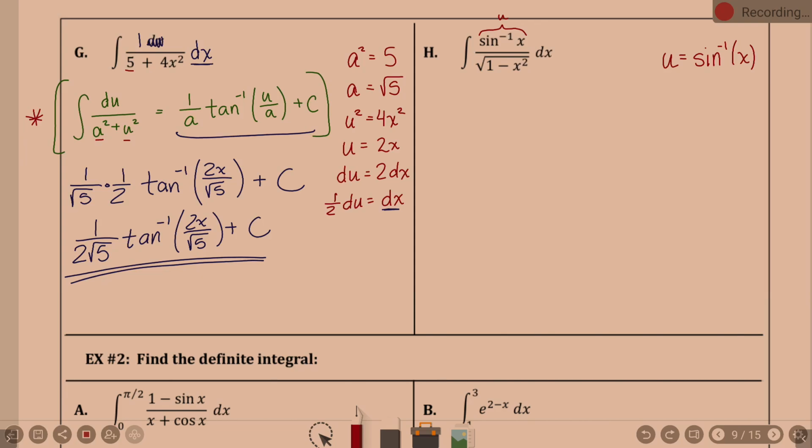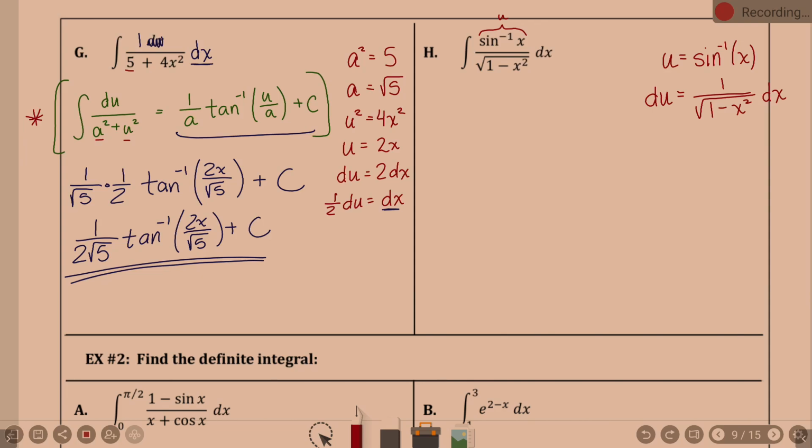Now, as normal, what about du? The derivative of sine inverse is 1 over the square root of 1 minus, and I'm going to say x squared because it's x in this problem, dx.